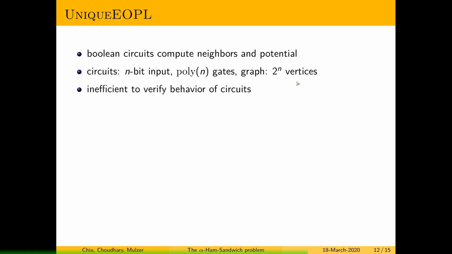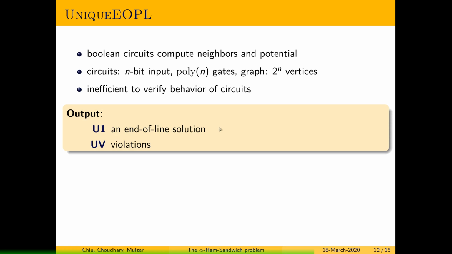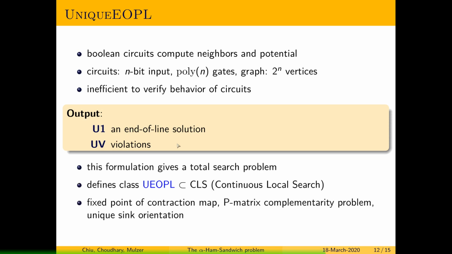That means it's quite inefficient to verify if the circuits indeed define a path graph. To handle this, apart from the end of line solution, we also allow for violation solutions. That means if we have examples like potential not increasing along a line or multiple lines, then we can report some certificates that witness these violations. This makes it a total search problem and defines the class UEOPL, which contains problems reducible to this unique EOPL problem.